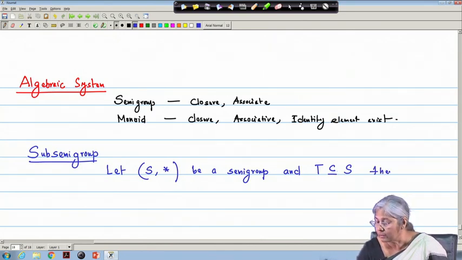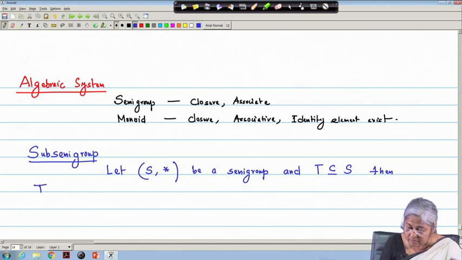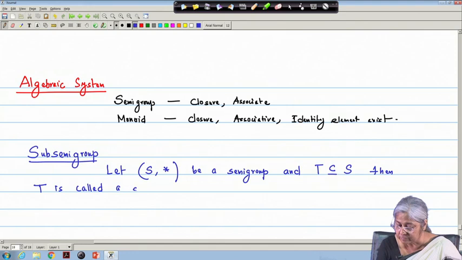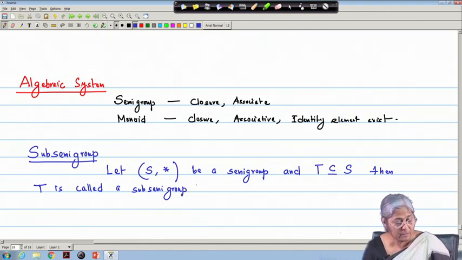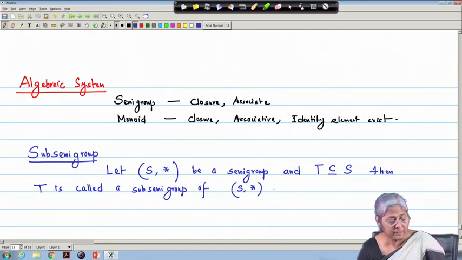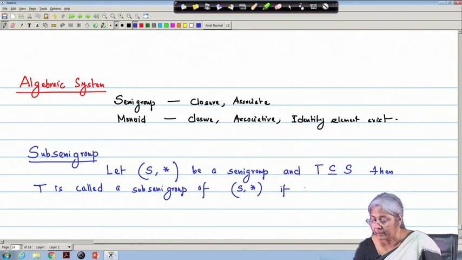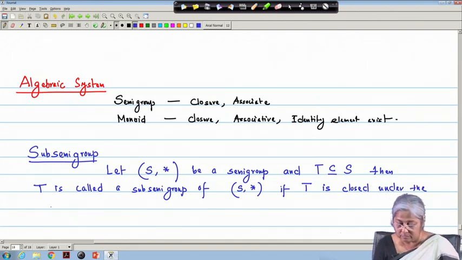Then T is called a subsemigroup of S star if T is closed under the operation star.